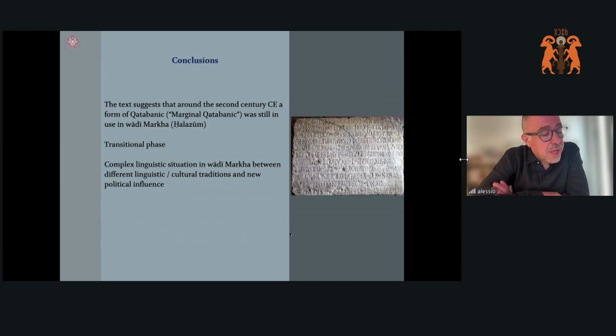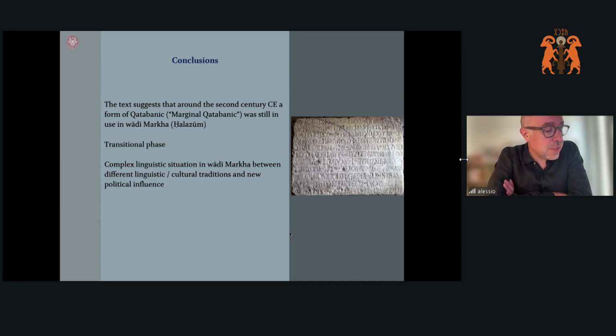This might reflect the growing influence of Sabaic as a prestigious language, even in regions that maintained political independence for a while. However, it might also simply reflect the complex linguistic situation of an intermediate period, when speakers navigate between different linguistic and cultural traditions.